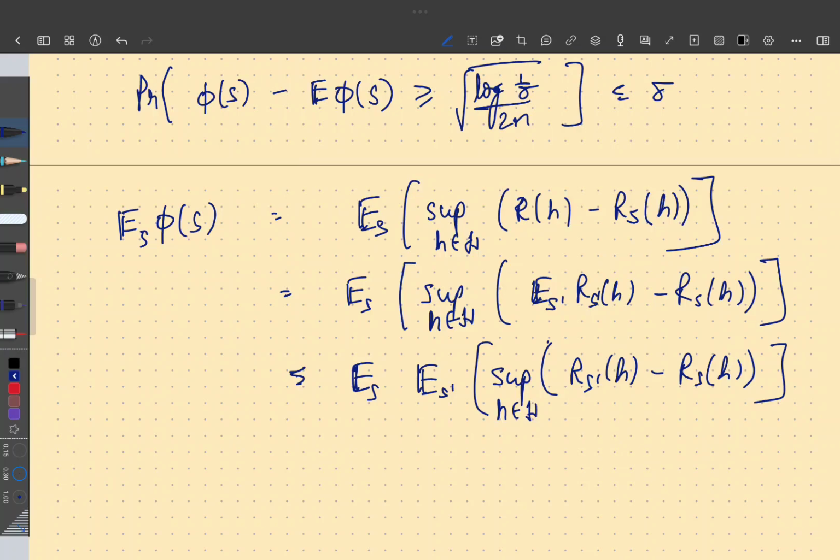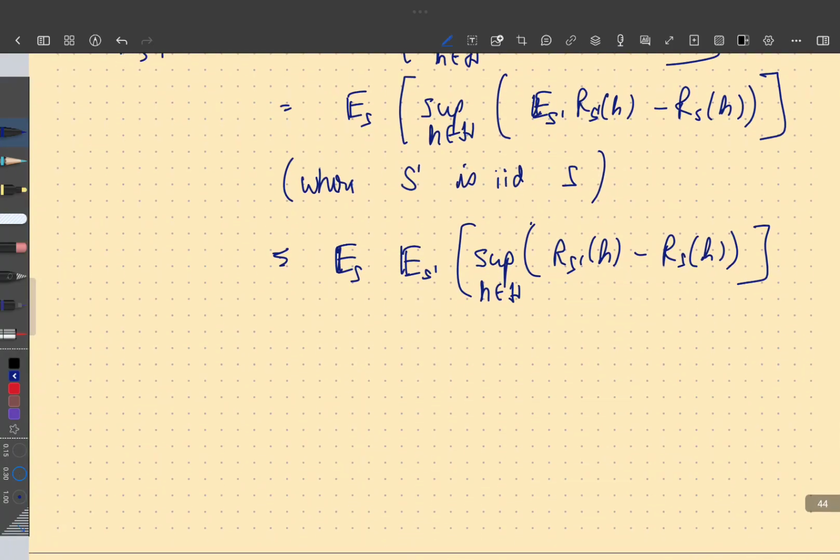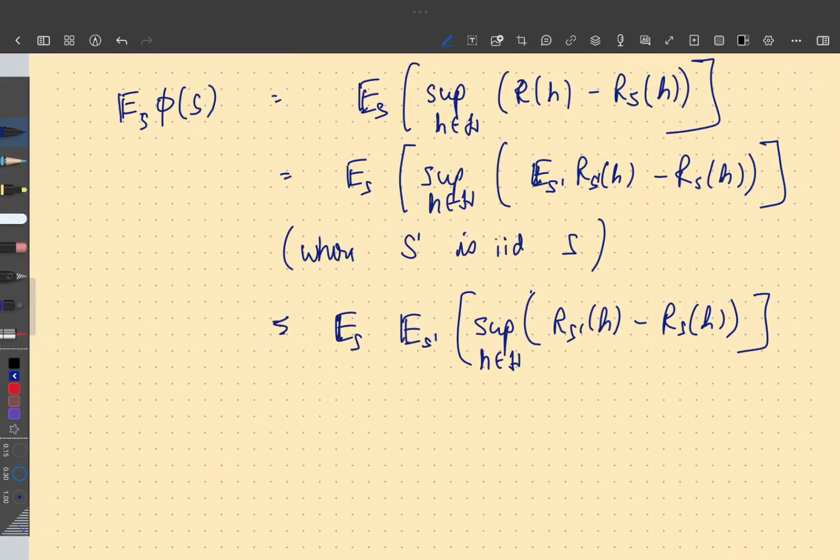So an average of supremums is always an upper bound for the supremum of an average. Yeah, Jensen's inequality, if you want to take that. Okay. Any questions so far?